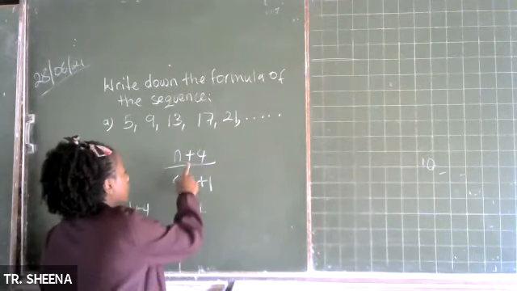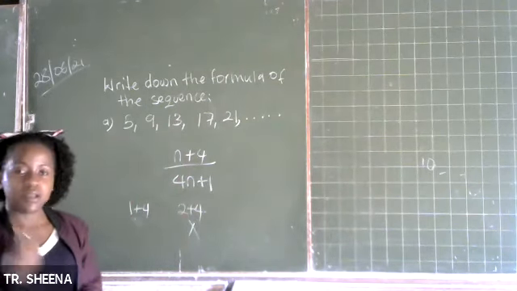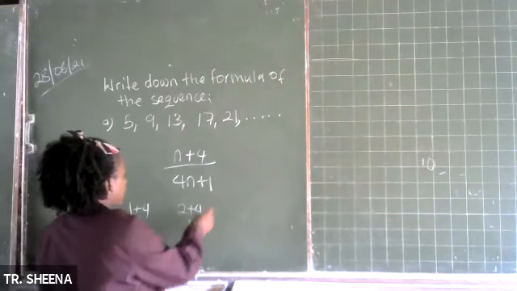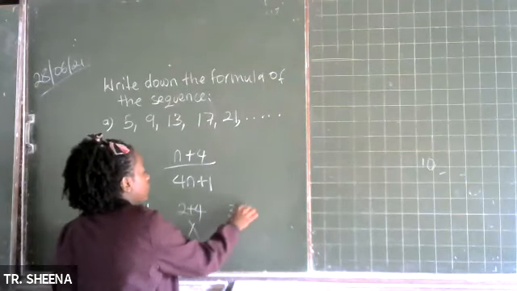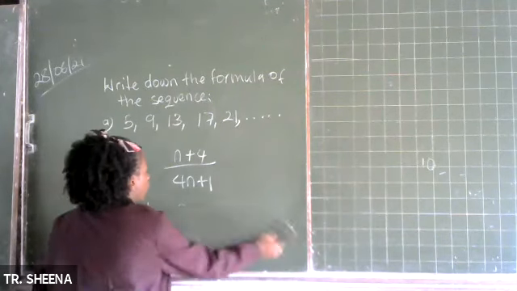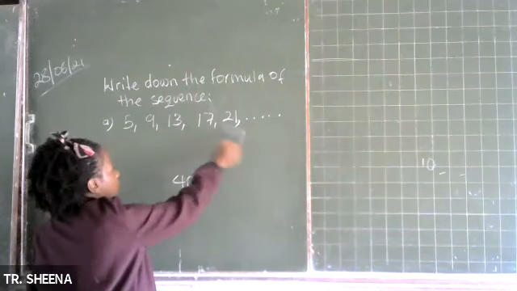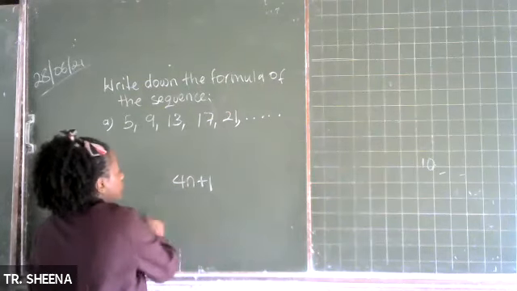Let's say maybe it checks for the third term. Of course, if it doesn't check for one of the terms, then we cannot adopt it. For the third term, it would be 3 plus 4, which is 7. So it's only checking for one.